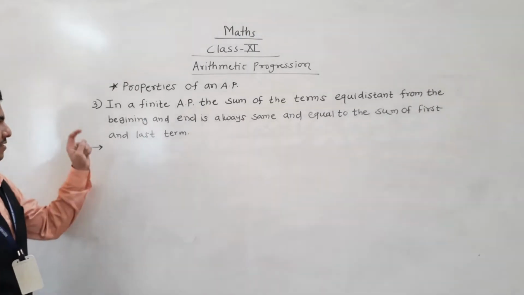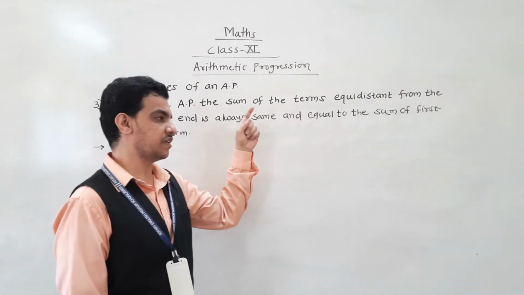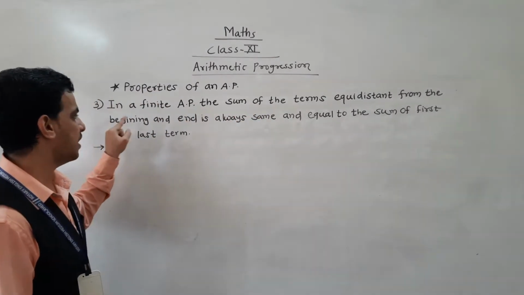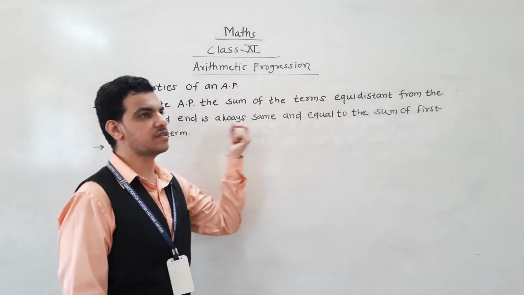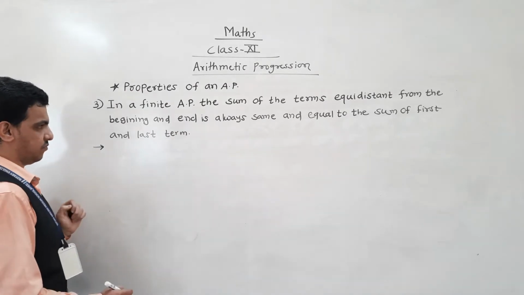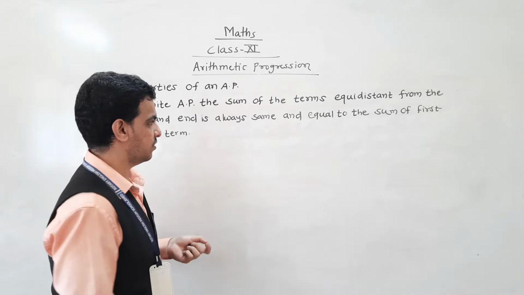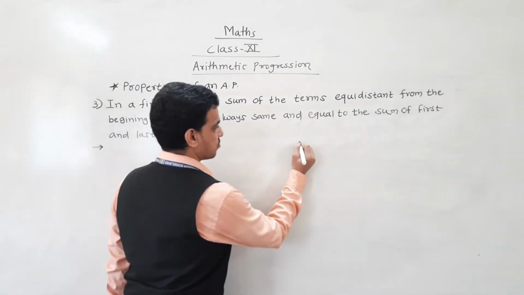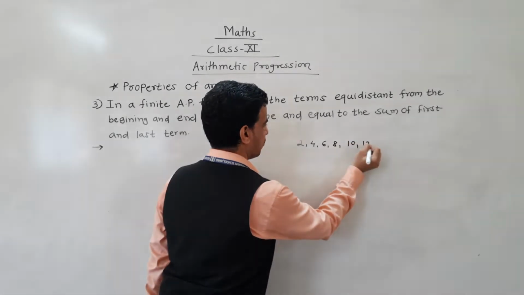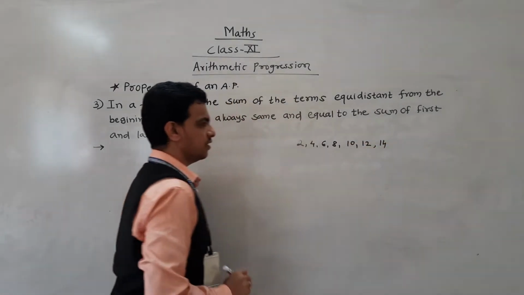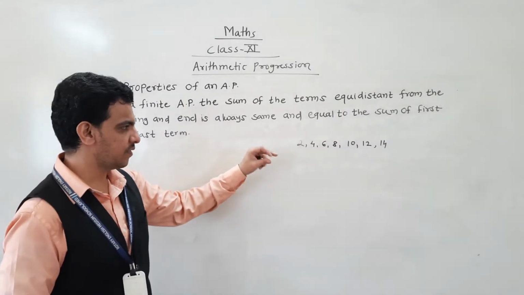The third property is: in a finite AP, the sum of the terms equidistant from the beginning and end is always the same and equal to the sum of the first and last term. First I am explaining with an example. Suppose 2, 4, 6, 8, 10, 12, 14. This is a finite AP.